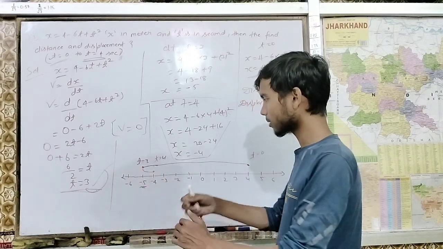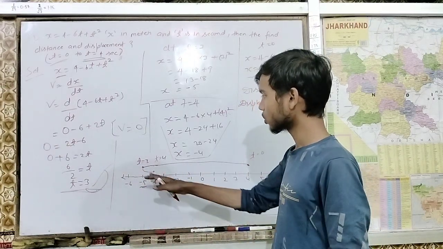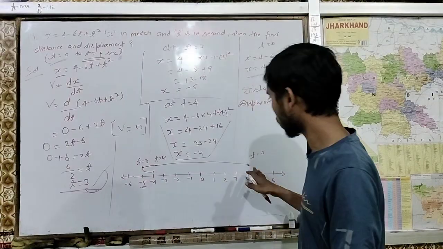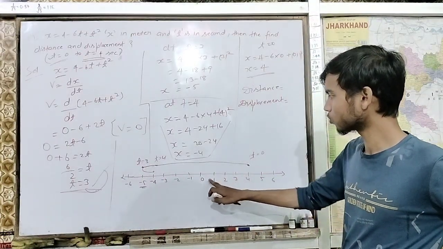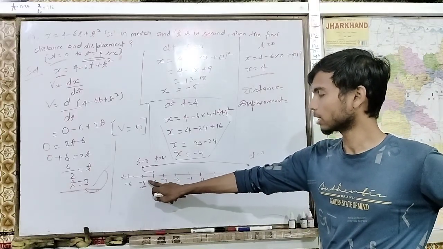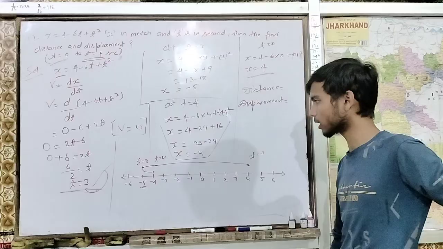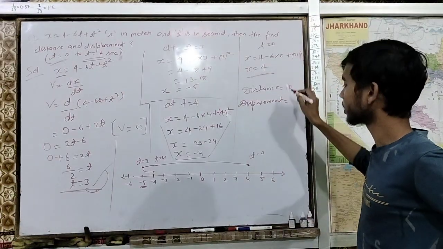Then it takes a back step just 1 meter. So this is 1 meter. Now the total distance would be nothing but just 1, 2, 3, 4, 5, 6, 7, 8, 9 and this one again 10. So distance is 10.